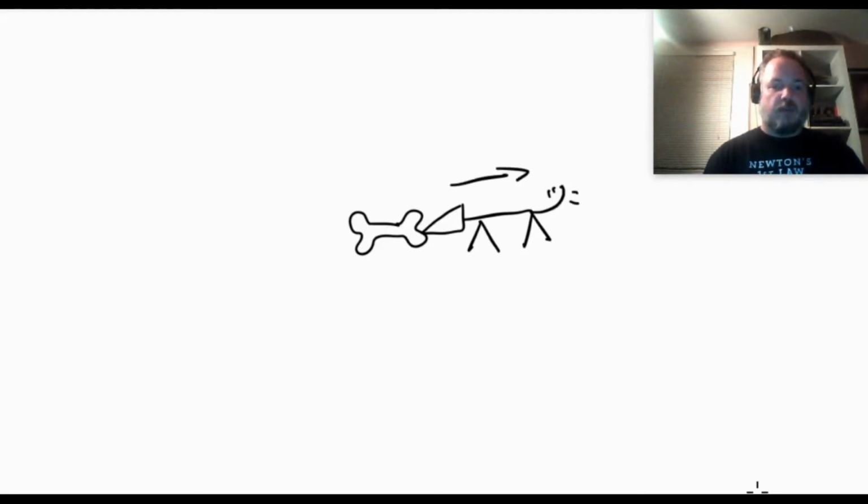Cool. All right, I'm not much of an artist, which you will see very quickly if you haven't already figured this out. So now we need a dog. All right, dog number 1 is pulling on the bone straight this way with a force of, let's go with 80 newtons.